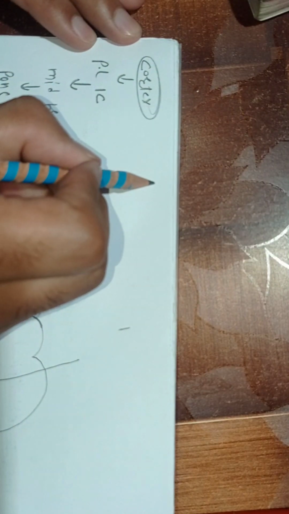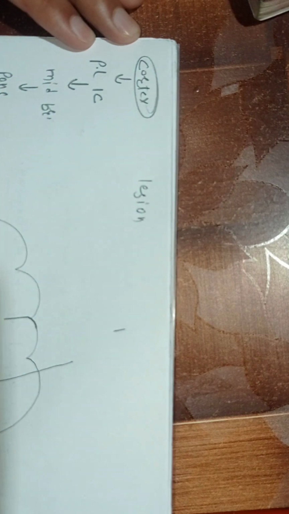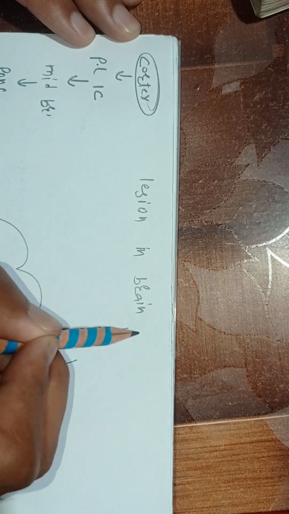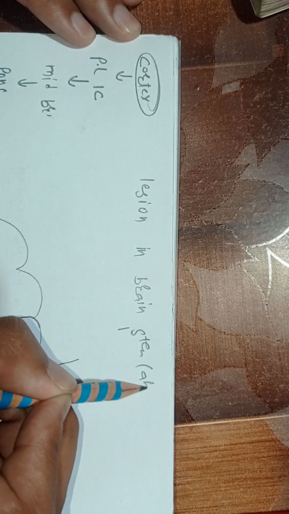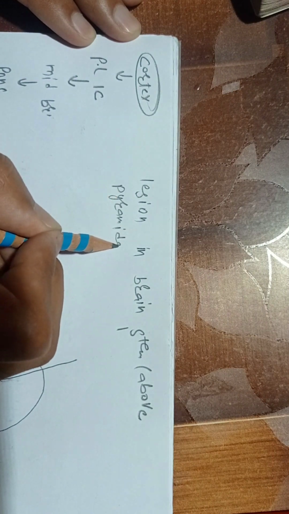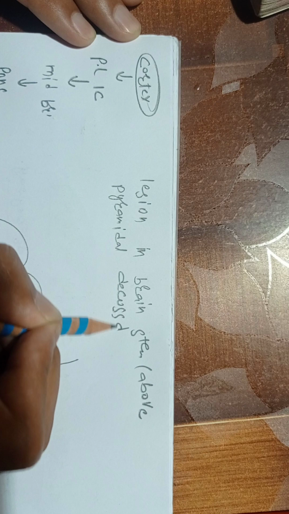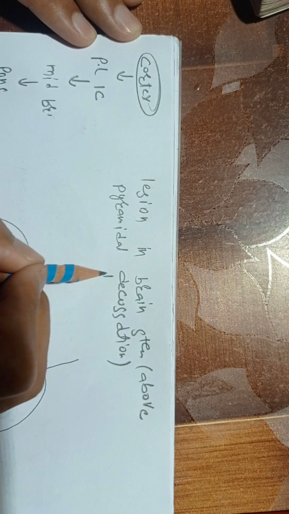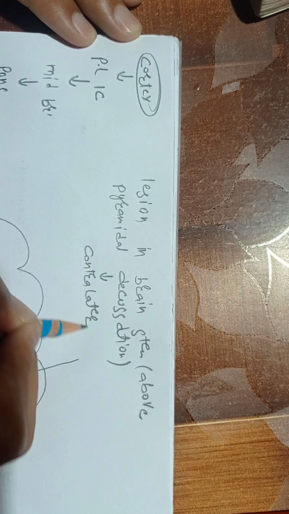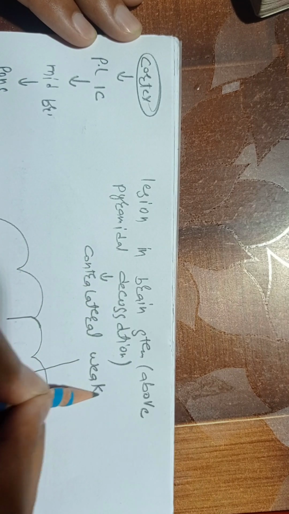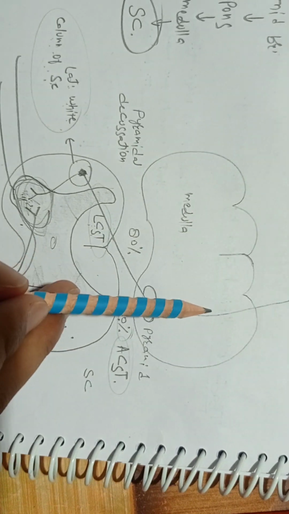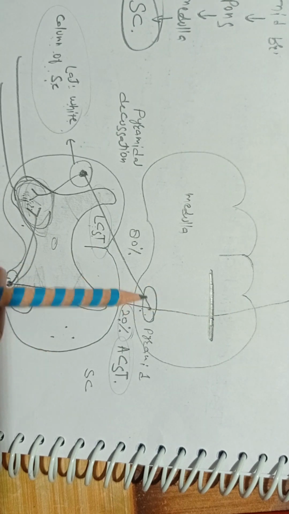One last point that we should know about: if there is a lesion in the brainstem, above the pyramidal decussation, there will be contralateral weakness. What do we mean by contralateral weakness? It means weakness on the opposite side.